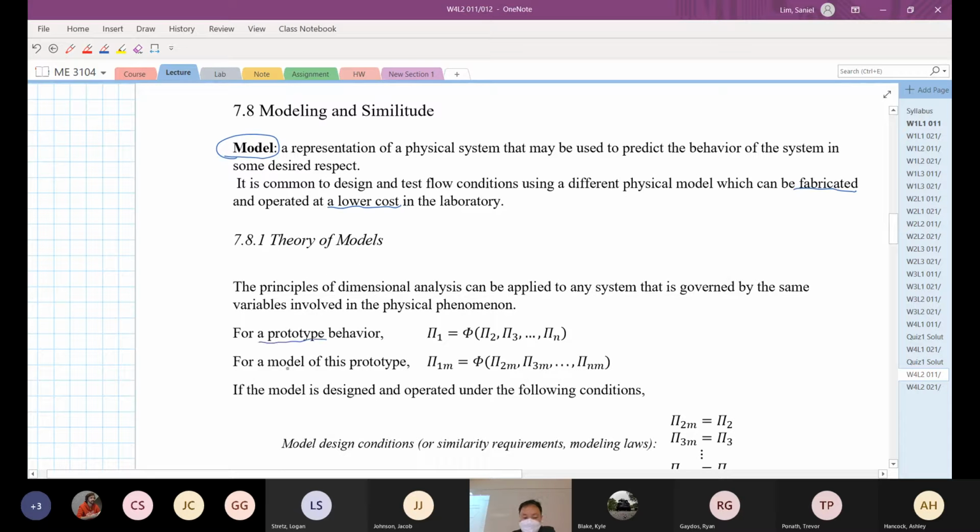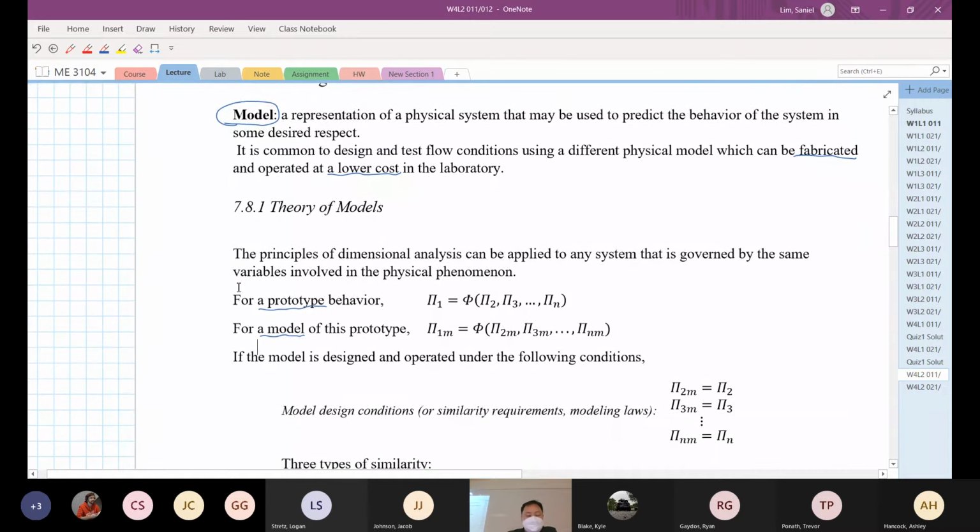The prototype is the actual system and device. You want to build a real system to test its performance and behaviors within the actual flow field. But before building the prototype, we want to test with the model.